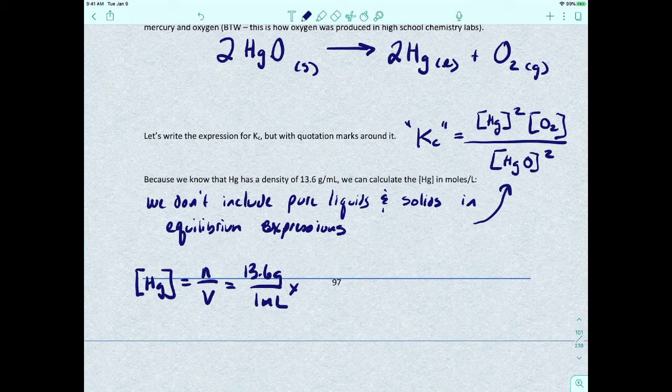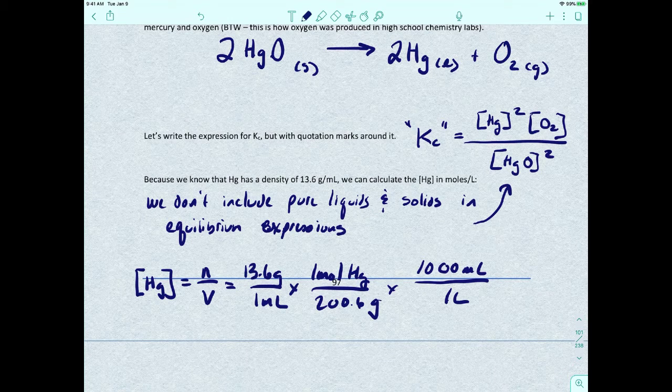And if we were to convert the mass from grams to moles, we would have 1 mole of mercury over 200.6 grams. And if we convert the milliliters to liters, that would mean 1,000 milliliters over 1 liter. Okay, so units will cancel out. So the units that we're left with is going to be moles per liter. And so the answer would be something like 67.8 molar. So that would be the concentration.